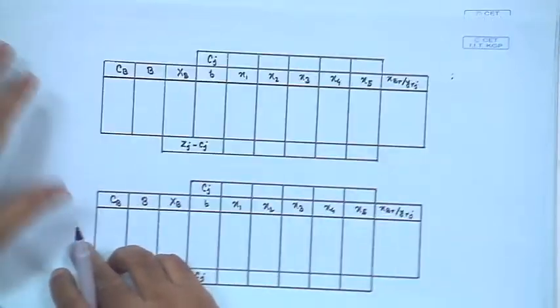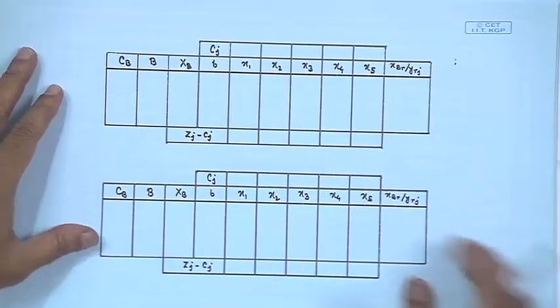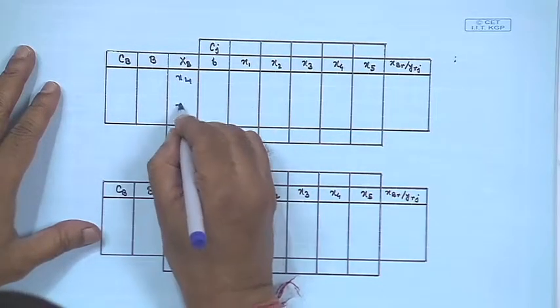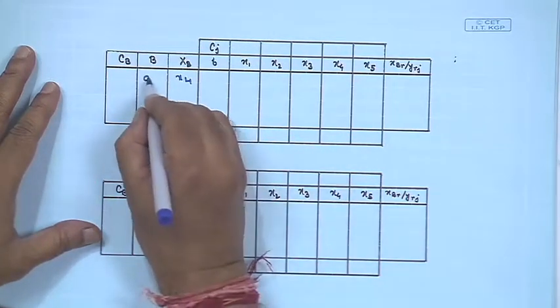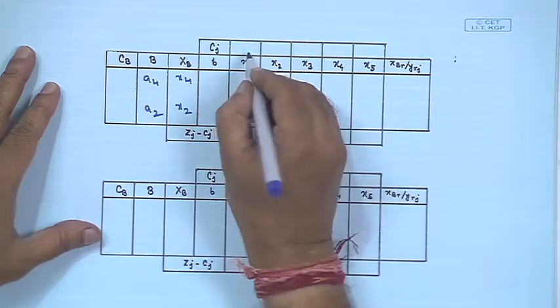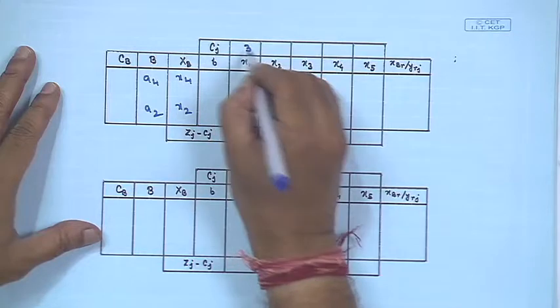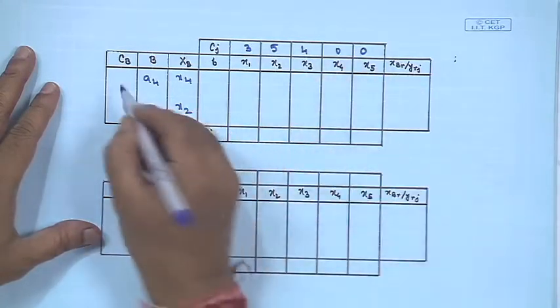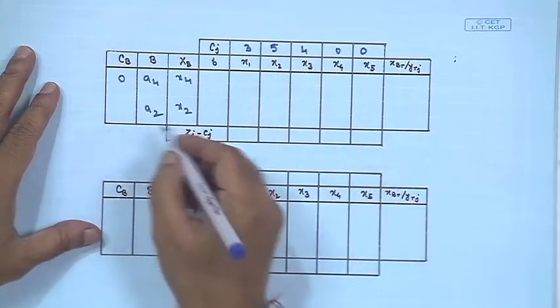So, let us write down the next table. In the next table your x4 will remain as it is, you are having now x2. So, it is a4 and a2. Your CB is 3, 5, 4, 0, 0. So, x4 is 0, x2 is 5.